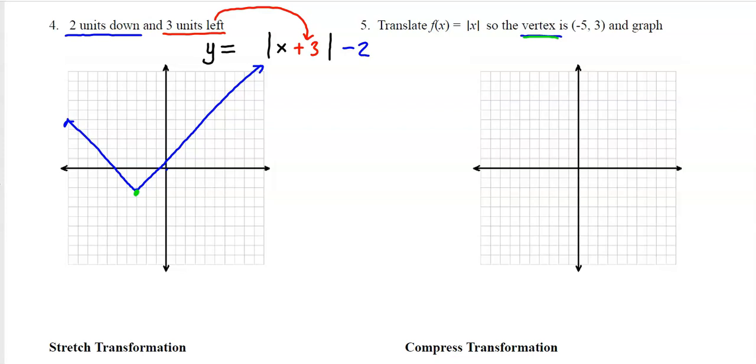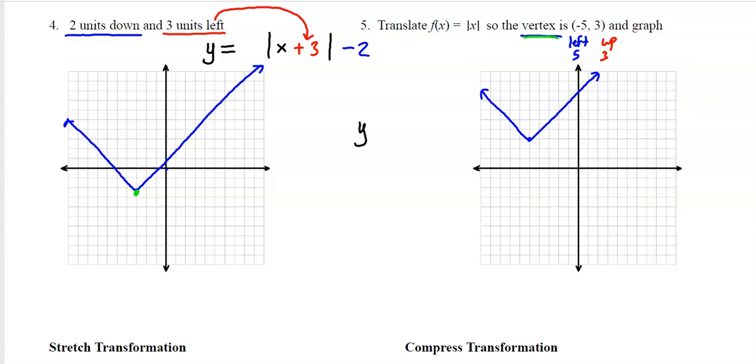So I want to go left 5, up 3. All right. So when you kind of translate this, that's left 5, and then that's up 3. And again, we know what the graph's going to look like. That's the easy part. Just kind of draw your V. But let's put the equation together.